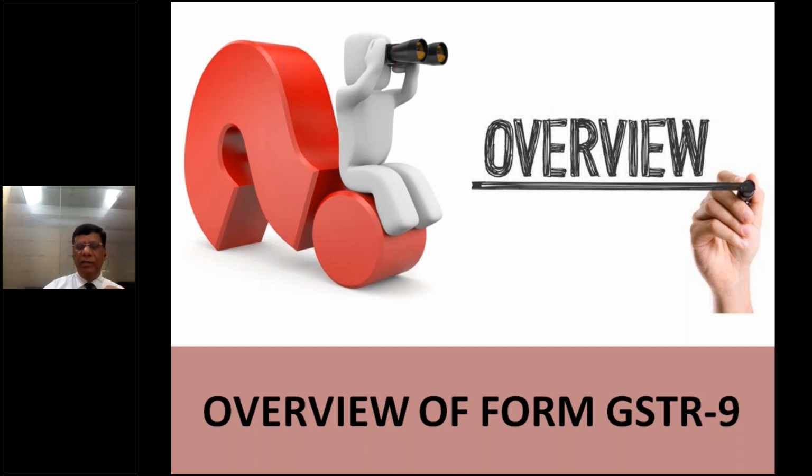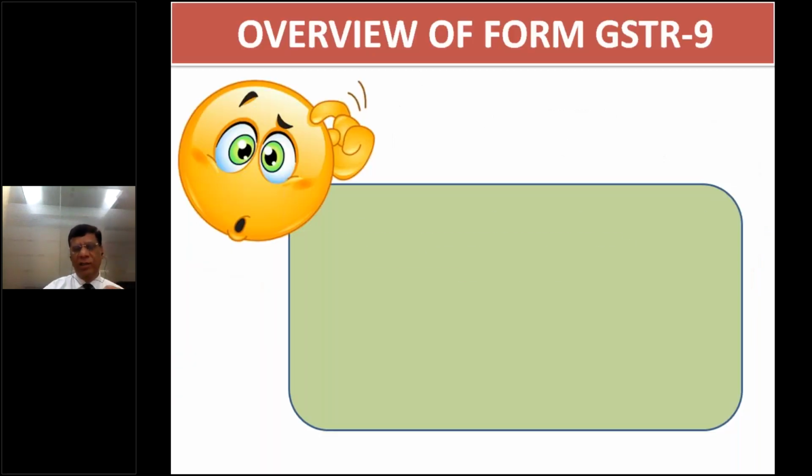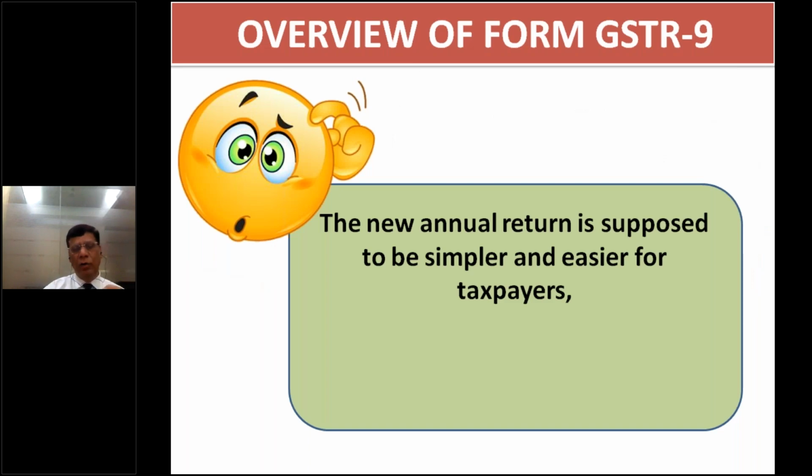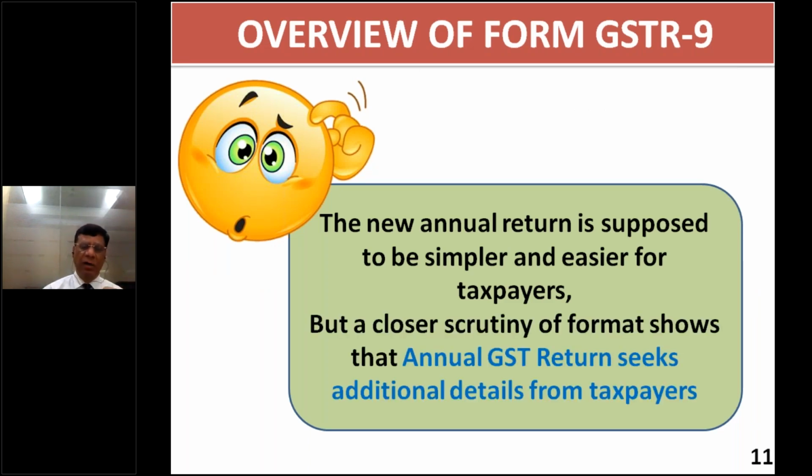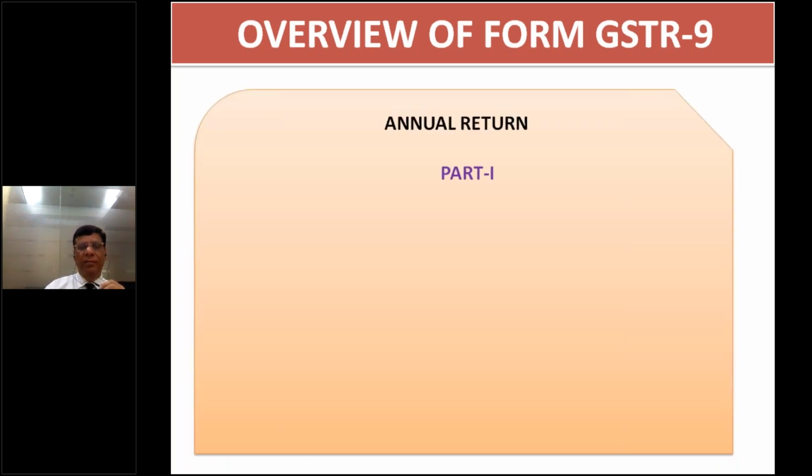Now, if we see the overview of Form GSTR 9, we will find that the new annual return is supposed to be simpler and easier for taxpayers, but a closer scrutiny of the form shows that the annual GST return seeks additional details from taxpayers. Annual return Part 1 contains basic details.